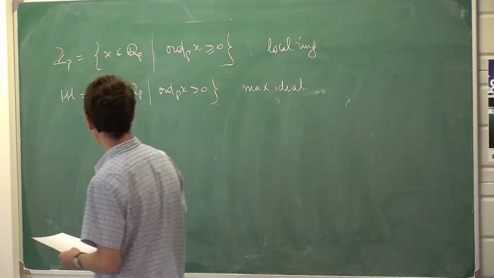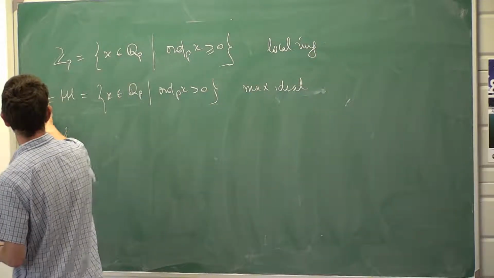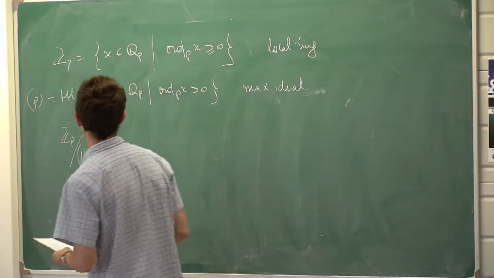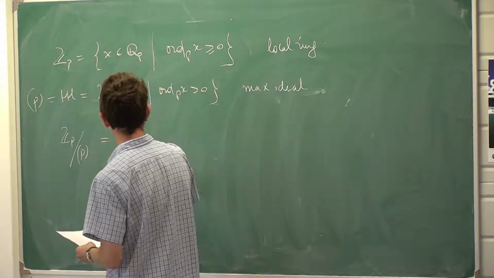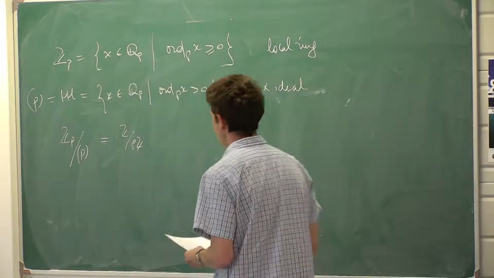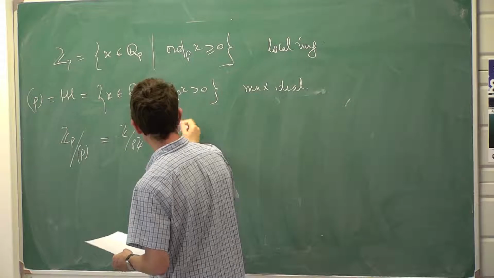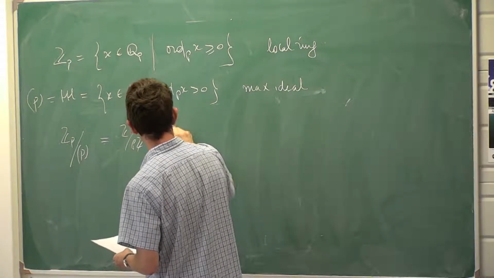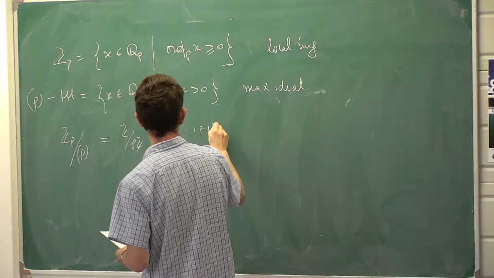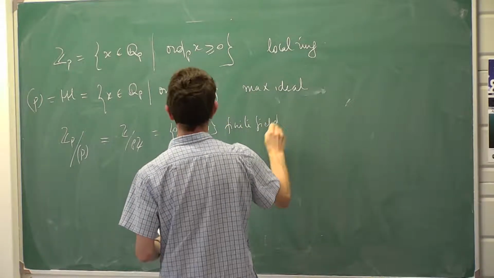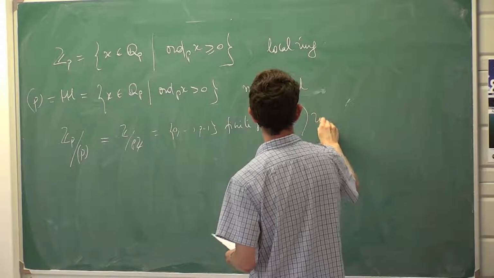And when you look at the quotient, this is equal to Z over pZ, so you recover the finite field. So this is the residue field.